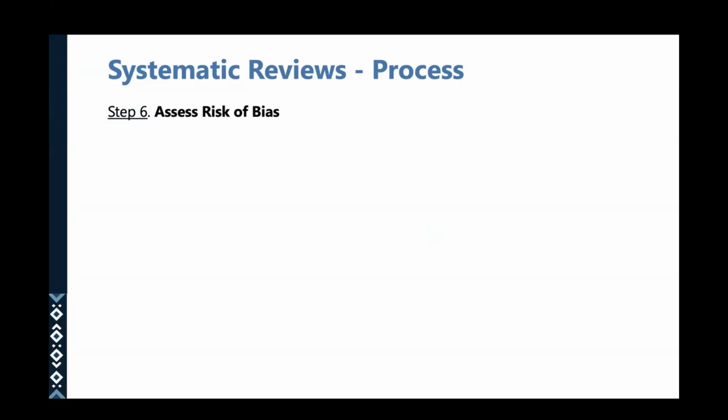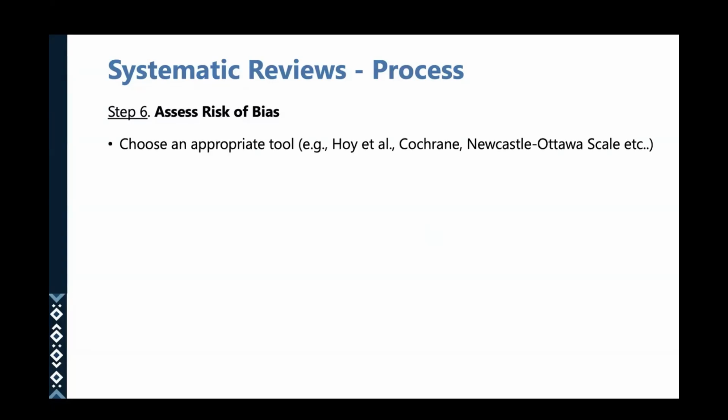There must be a way to account for these biases that exist between studies and within studies. So you must have a system for accounting for it, and that whole process is called risk of bias assessment.